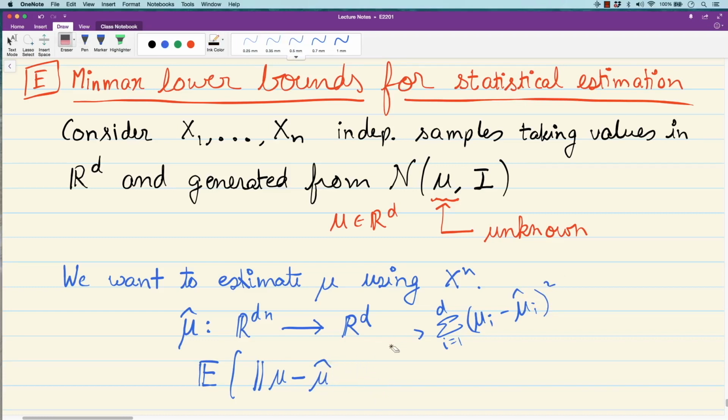So let me be very specific: this mu hat is mu hat of x^n, and we take the square, the mean squared error. The expectation is over the Gaussian distribution with mean mu. So the x^n are generated from that, you pass them through this estimator, and then you want to check this error. And you want to understand how fast this error can go to 0.